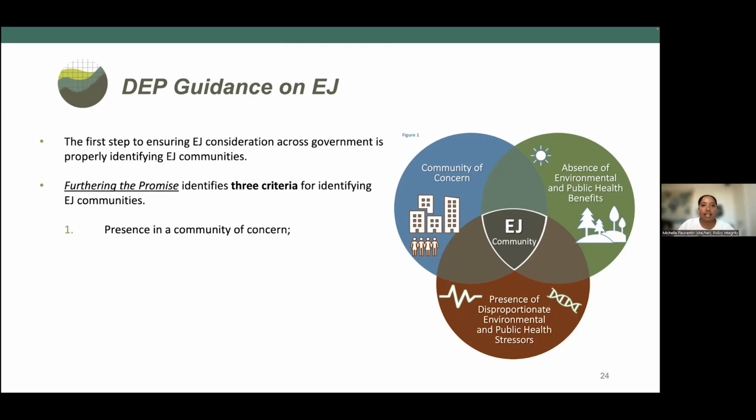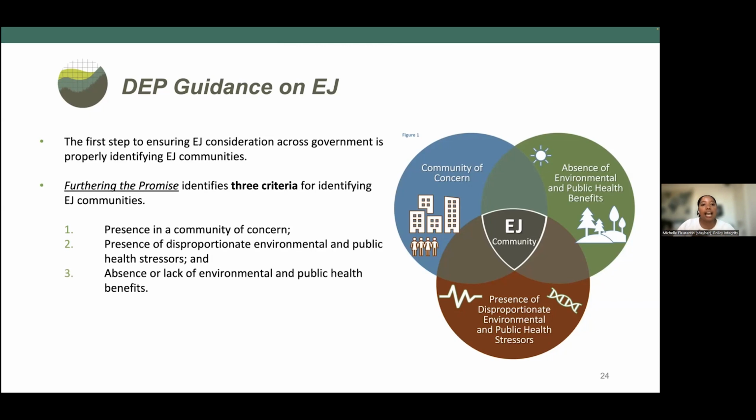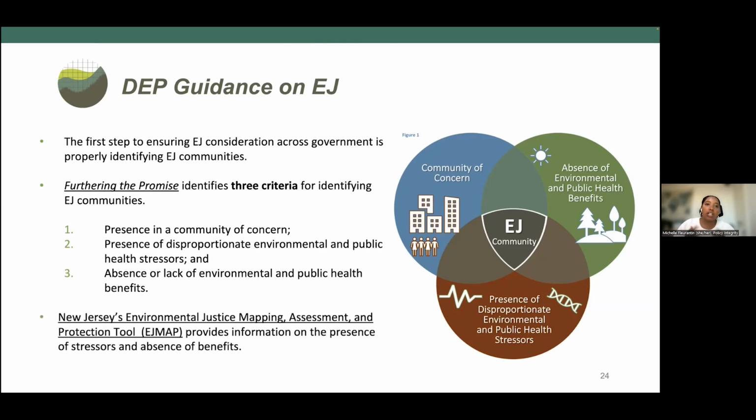And this is determined by various thresholds for low income, educational attainment, things of that nature. The second criteria is presence of disproportionate environmental and public health stressors. And the third is the absence or lack of environmental and public health benefits. And the guidance document includes a long list of what these benefits and stressors can include.